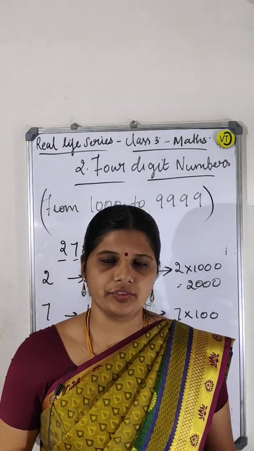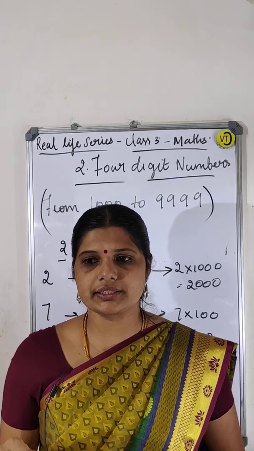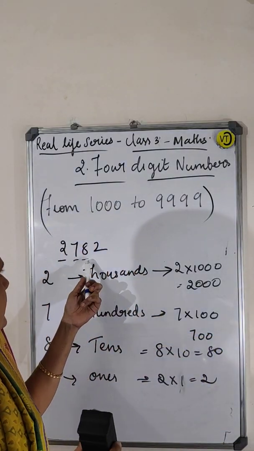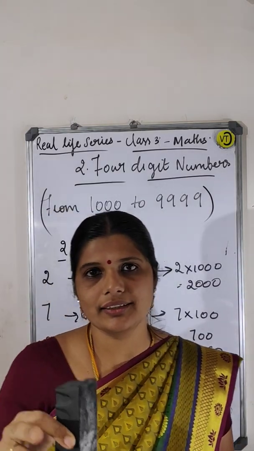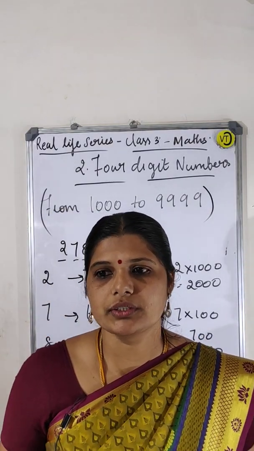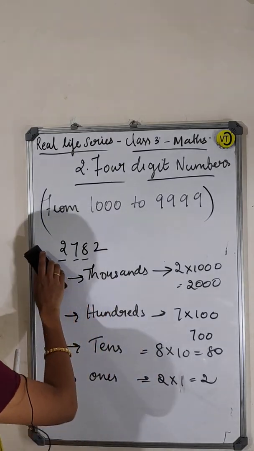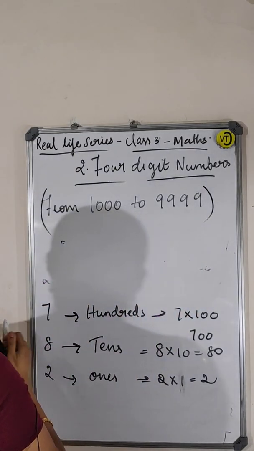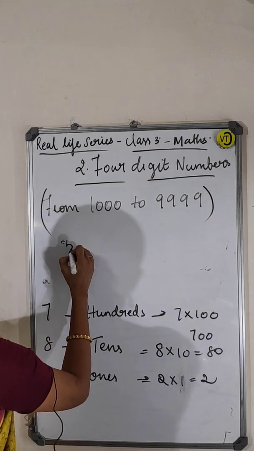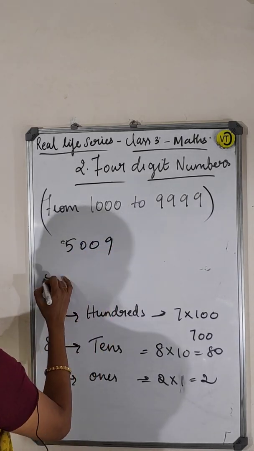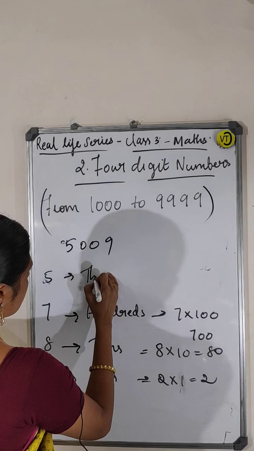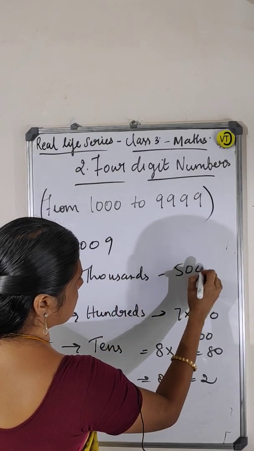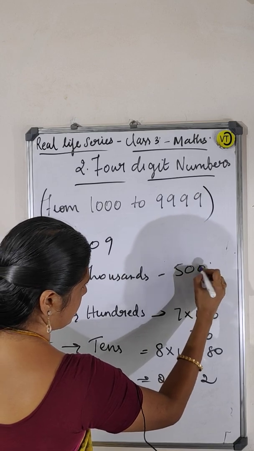If you have 0 in a number, it means you don't have place values, guys. If the number has some zeros inside, you don't have place values for them. So let me take an example like that. 5009. The 5 is in the thousands place, so 5,000, right?